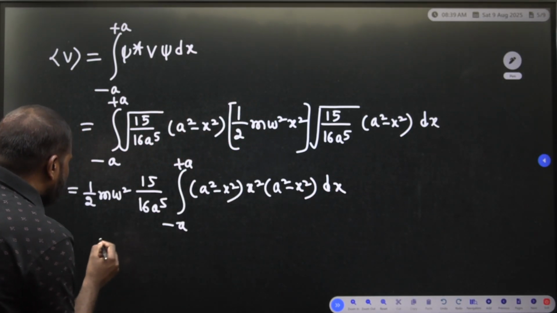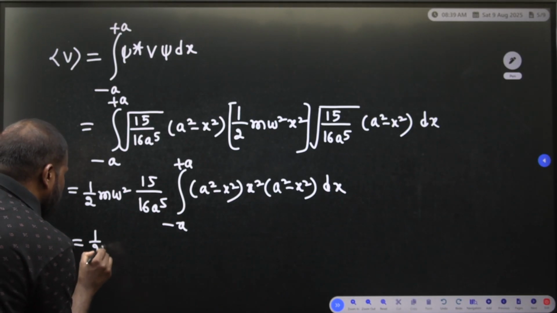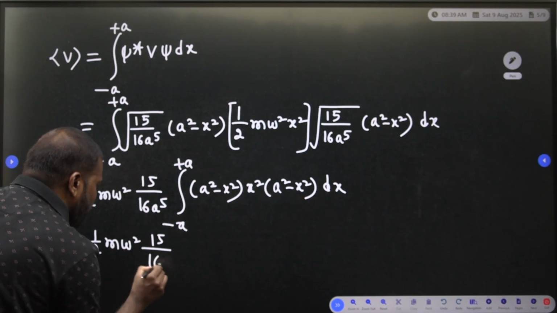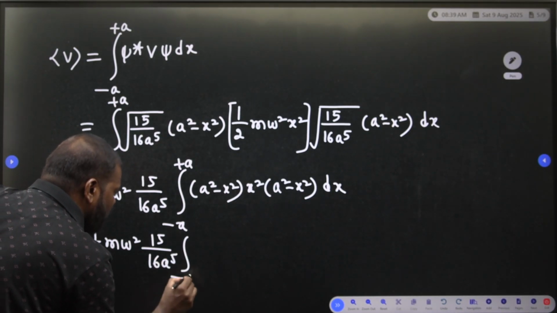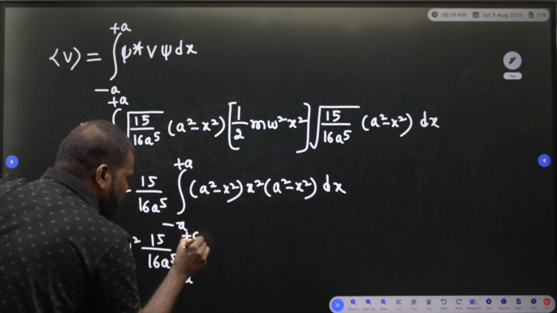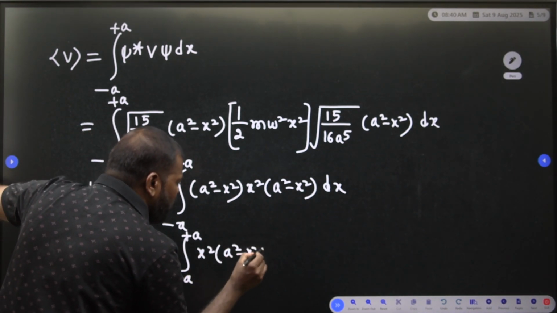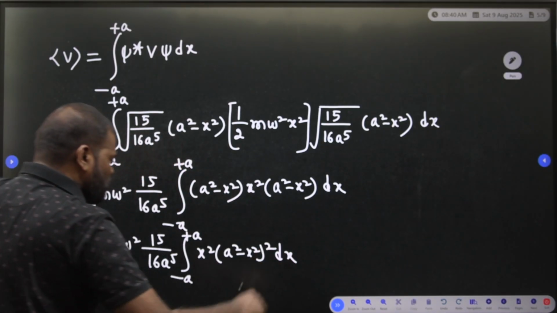Therefore we have to write 1 by 2 m omega square into 15 divided by 16 a to the power of 5, into the integral from minus infinity to plus infinity of x square into (a square minus x square) whole square dx.